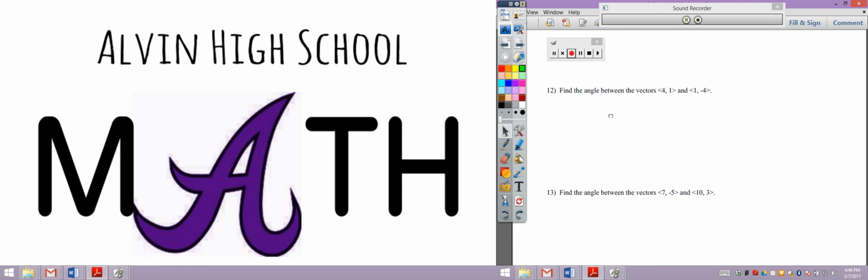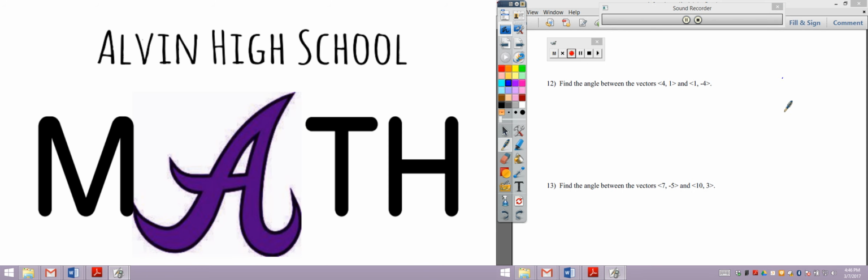All right, angle between the vectors. So first one, if I graph 4, 1, something like that, 1, -4, something like that, and I find the angle. So that's the cosine inverse of, and I'm going to do my dot product in the numerator. 4 times 1 plus 1 times -4, which is 0.